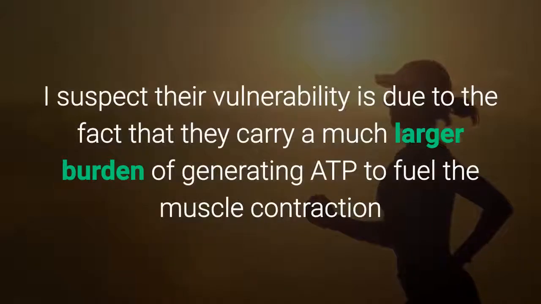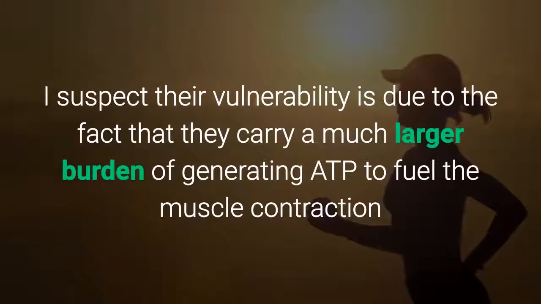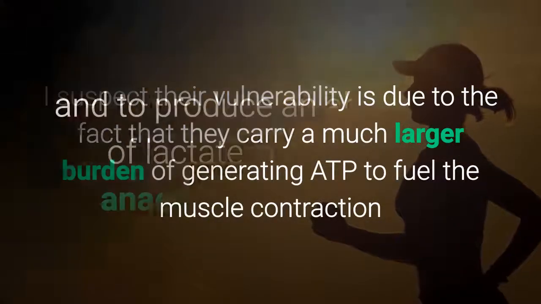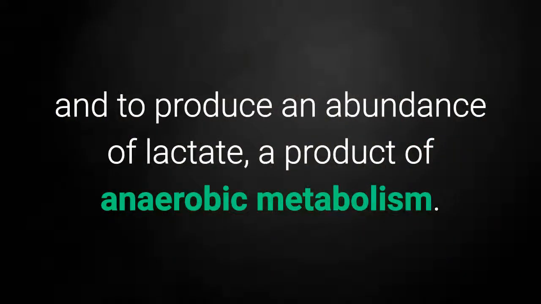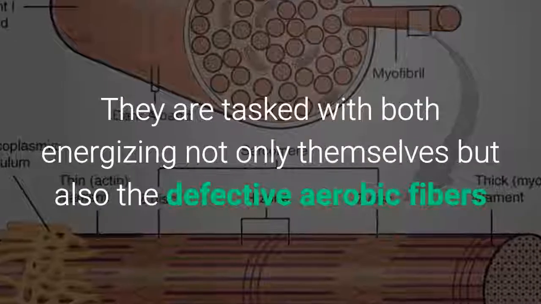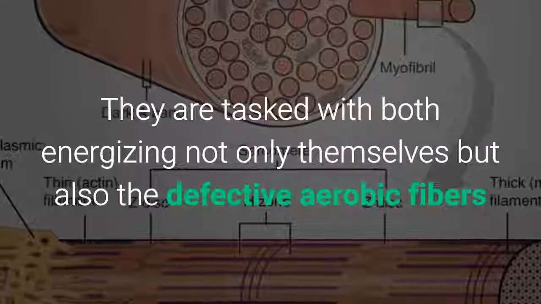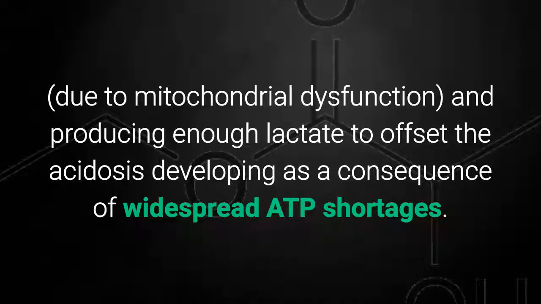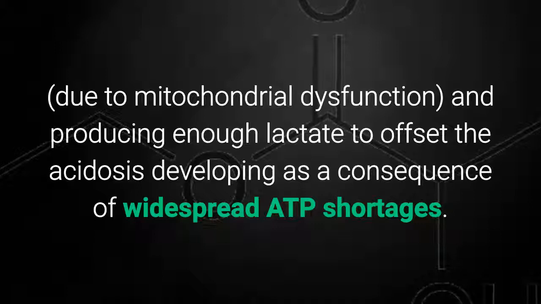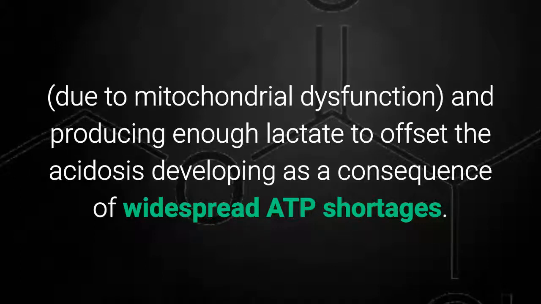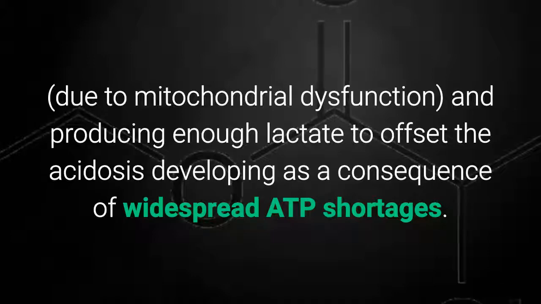I suspect their vulnerability is due to the fact that they carry a much larger burden of generating ATP to fuel the muscle contraction and to produce an abundance of lactate, a product of anaerobic metabolism. They are tasked with both energizing not only themselves but also the defective aerobic fibers due to the mitochondrial dysfunction, and producing enough lactate to offset the acidosis developing as a consequence of widespread ATP shortages.